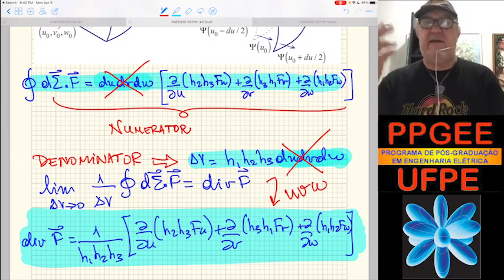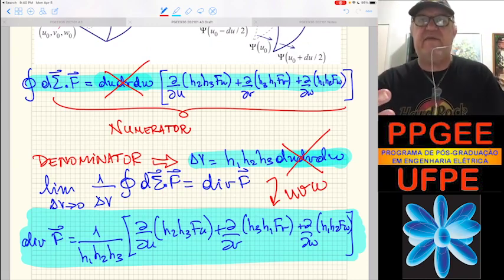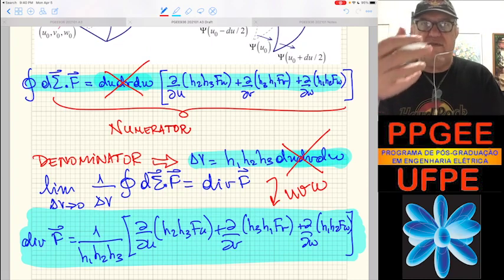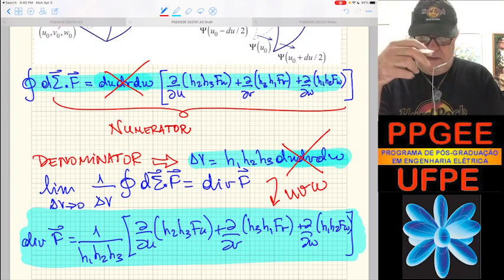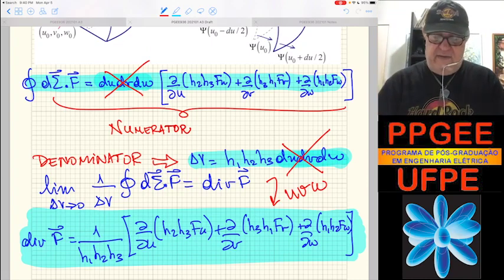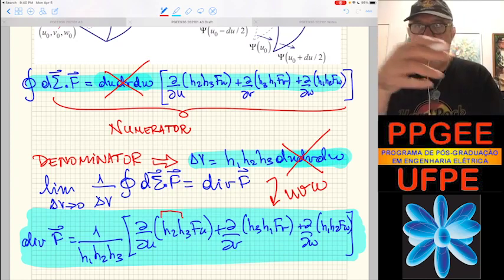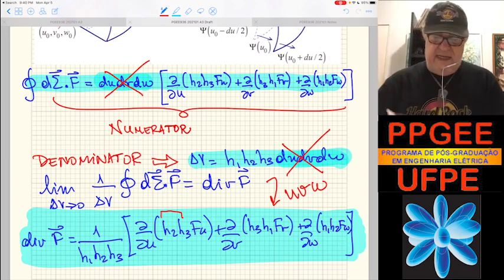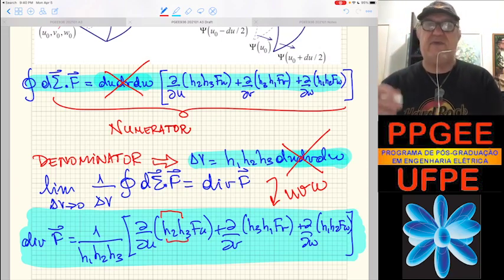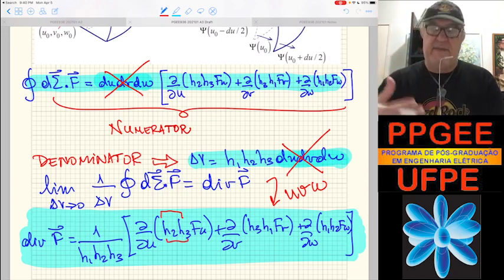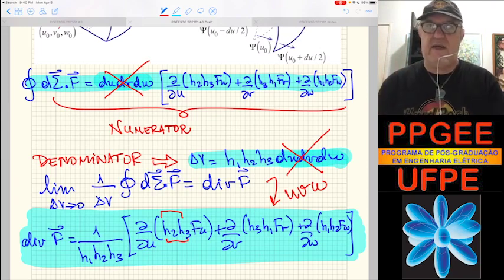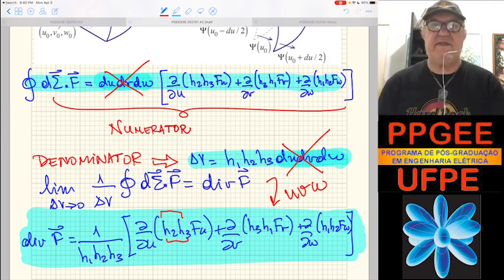Okay, as I mentioned before, it is a derivative involving the components of the field. Well, because of the curvature of the coordinate systems, sometimes those parameters change with coordinates, and that is taken into account when you calculate the divergence.